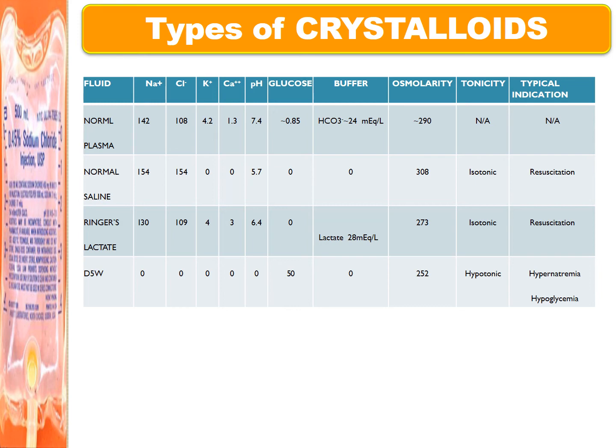The osmolarity is 308, its tonicity is isotonic, and its typical indication is resuscitation. So here we can compare normal saline, Ringer's lactate, and D5W with plasma and among themselves.